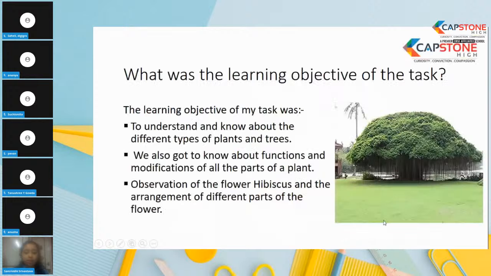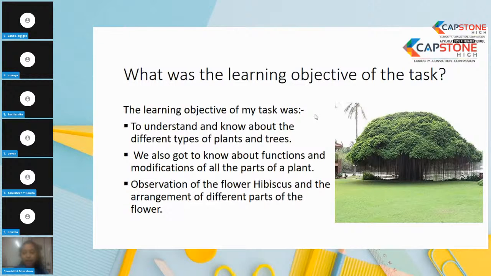I have put one image of the tulsi plant, which is a shrub. This is an image of the parts of a plant and their functions. It has the shoot system, which has flower, leaf, fruit, and the stem, and the root system, which has root.